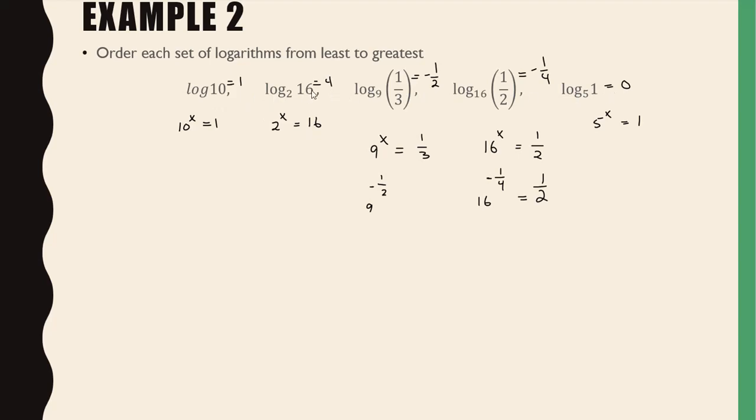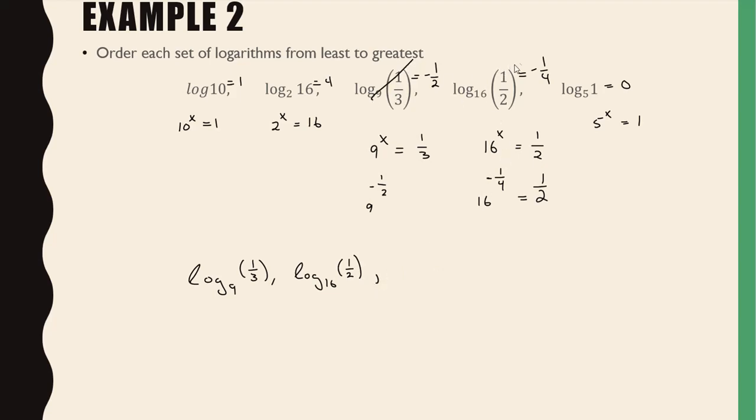You need to make sure you actually put the original logarithm. So our smallest one looks like it's going to be this negative 1/2. So we have log base 9 of 1/3. And then we have this negative 1/4. So log 16 of 1/2.